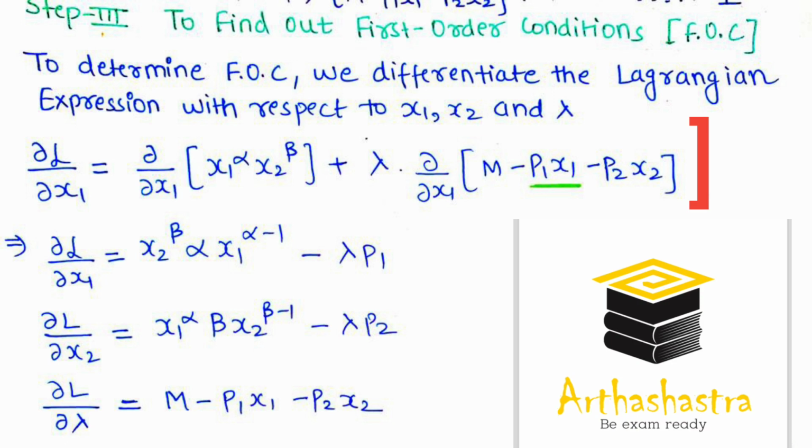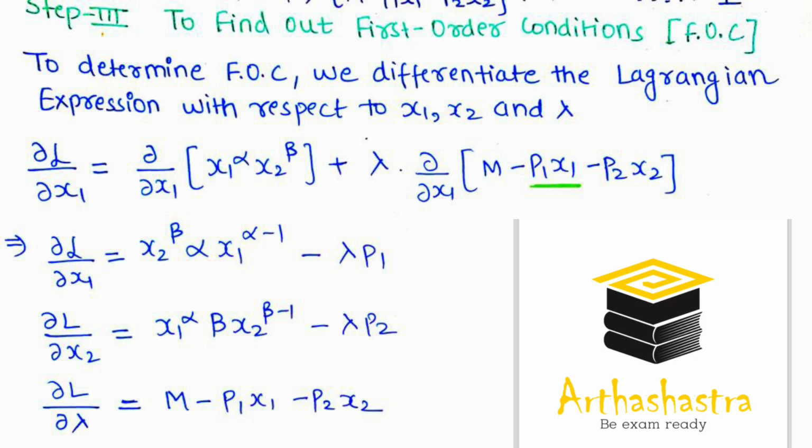Here x2 raised to the power beta is a constant, so we write it before, and since we are differentiating x1, we have x1 raised to the power alpha.